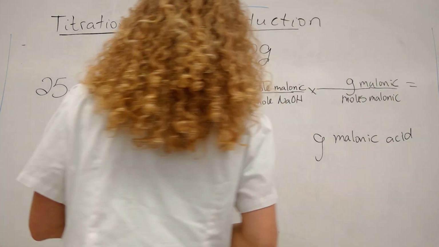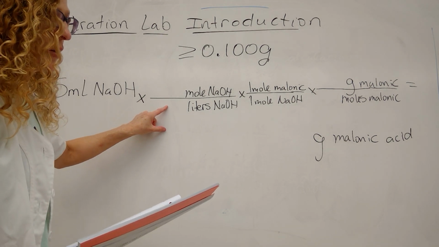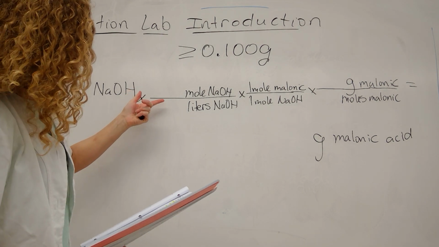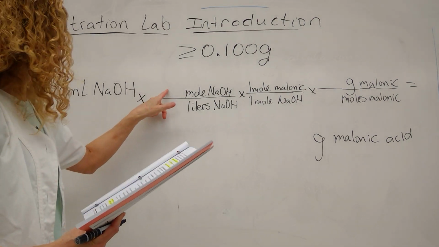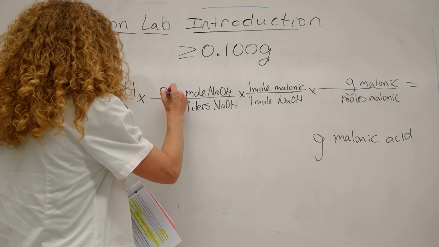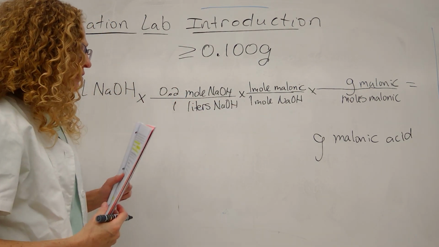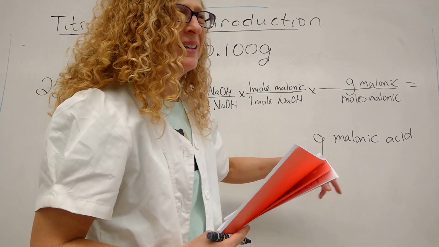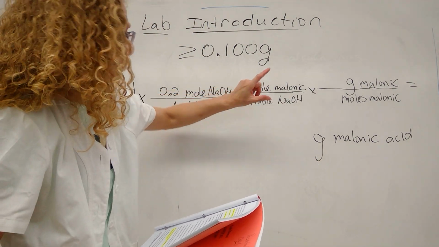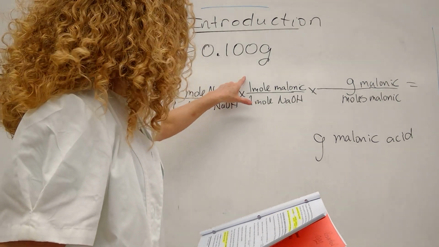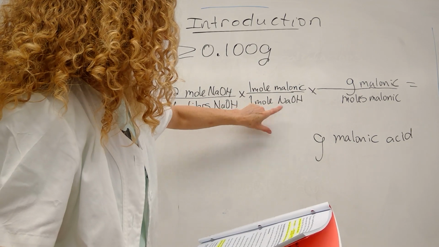So right here is moles to liter, which is molarity of sodium hydroxide. Now, your actual calculation, you would say, okay, I'm going to put in exactly what the molarity is. But it's going to be about 0.2. So this is all rough, because this isn't telling you exactly how much acid you should use. It's just approximately. And malonic acid is monoprotic, so it's a 1-to-1 ratio in the reaction of your acid to your base.